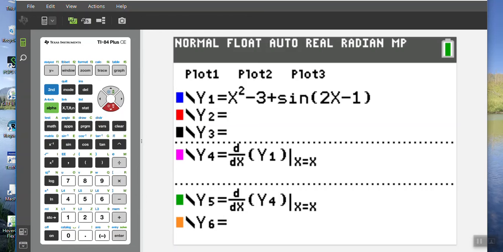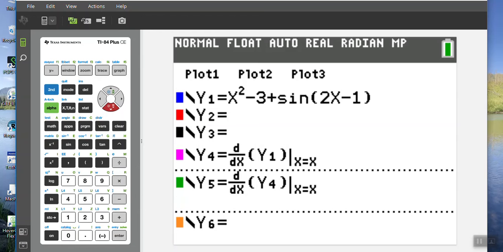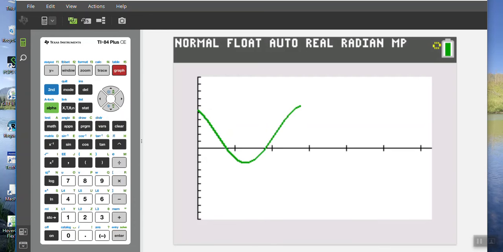Okay. If you were to do the second derivative, because this is the derivative of the derivative, this is what it would look like. But if you try it in your calculator, also change your window from 0 to 2 pi. Mine will go fast because it's a computer, but yours is going to take like a century to do.